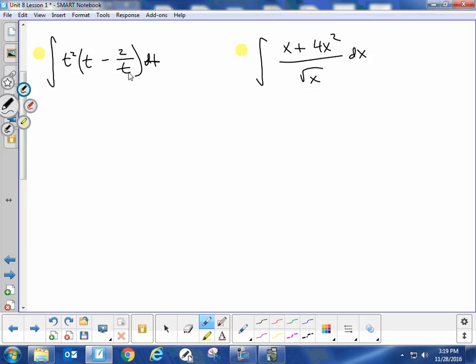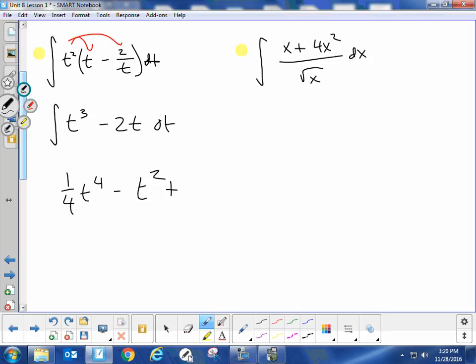You're not helping yourself out. And then you're going to try, oh, set u equal to t squared. Let's try that. Well, you're not going to help yourself out there either. It's not going to work out. Turns out, how to take the antiderivative of this is to go back to the old distribution and to use the power rule. And that is going to lead you in the right direction.